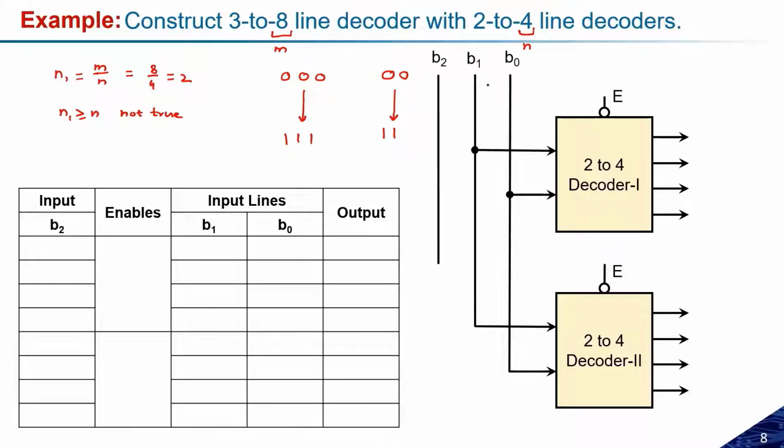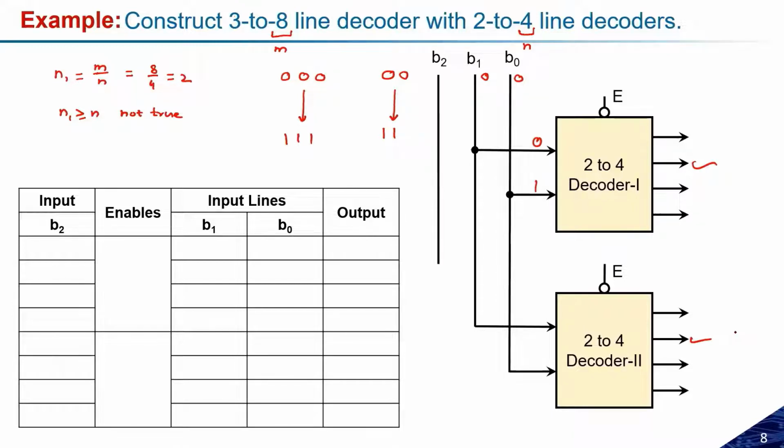If the B1 B0 combination is 00, then I get 0 and 0, and the first output will be selected, based also on the enable signal. If I have 01, then 2 outputs will be selected, this one and this one.